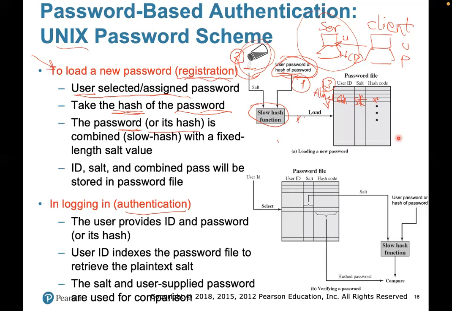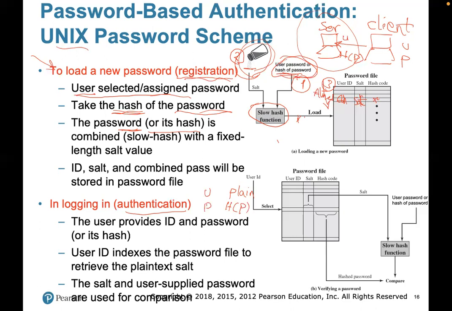And then when it comes to logging in, when the user wants to be authenticated, the user again sends the username in plain text, and of course the hash of the password. So these two are going to be received from the user or from the client.